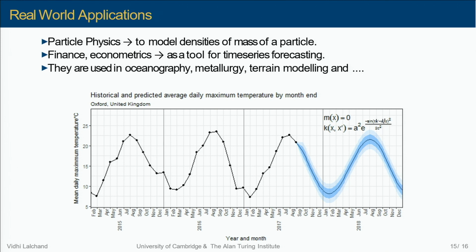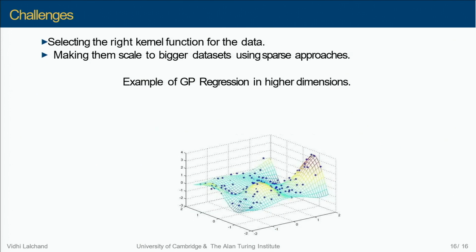And we know that the temperature goes up during summer months and then it comes down during winter months. This periodicity and the shape and how quickly the bumps come down, et cetera, can all be encoded in the covariance function of your Gaussian process. So that's really interesting to me, to look at data in a completely non-parametric way, to not assume any functional form of your data, and to just let the data speak for itself, basically.